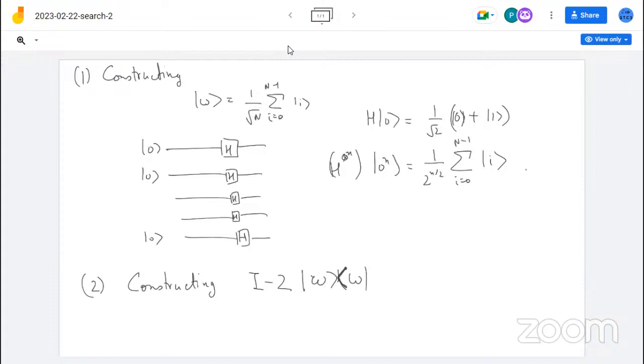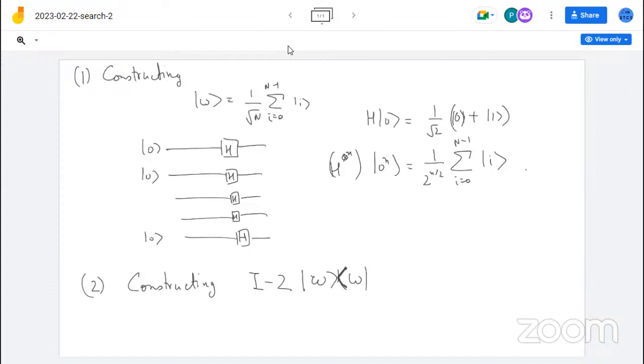You already created this in a couple of slides ago. Which one? I did I minus 2 0 0. Yes. So instead of 0, we can use W. But not really, the circuit was very special.